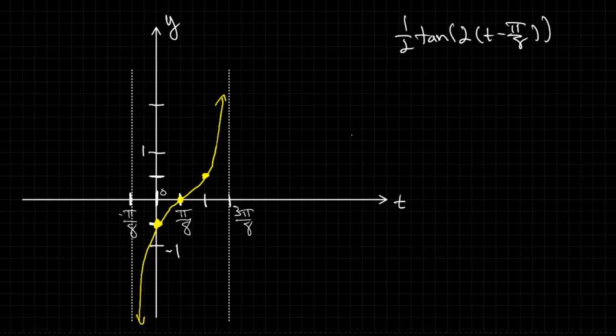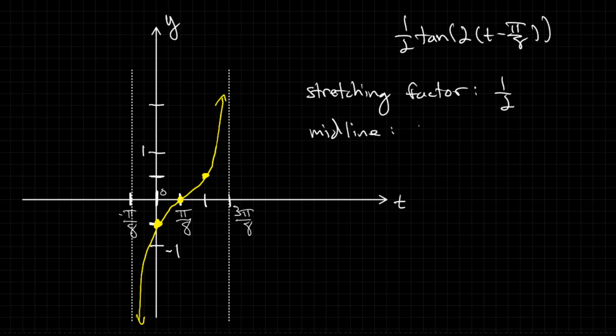Okay, there we go. Finally, let's go ahead and list the important characteristics about this graph as we've discussed in the previous graph. So the stretching factor, that's the vertical stretch without the negative, so that's 1/2. The midline is the vertical shift, and the vertical shift here is just 0.